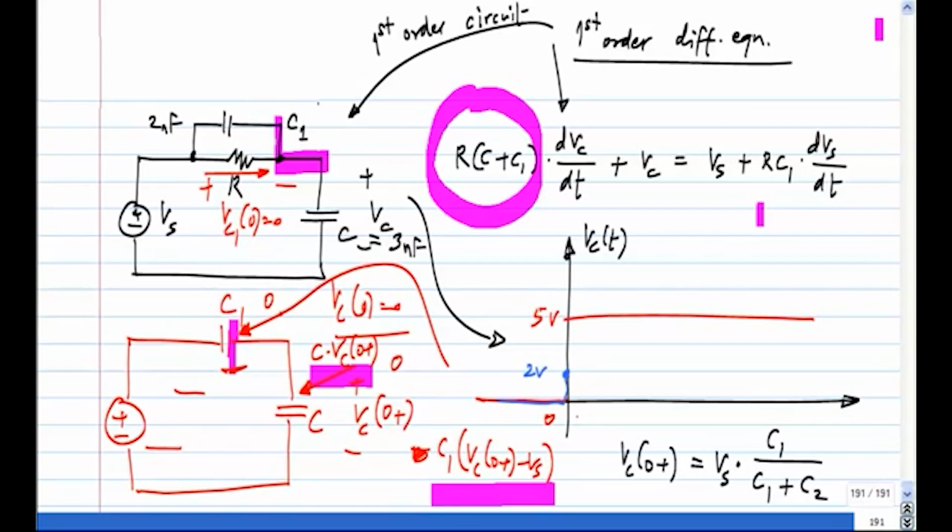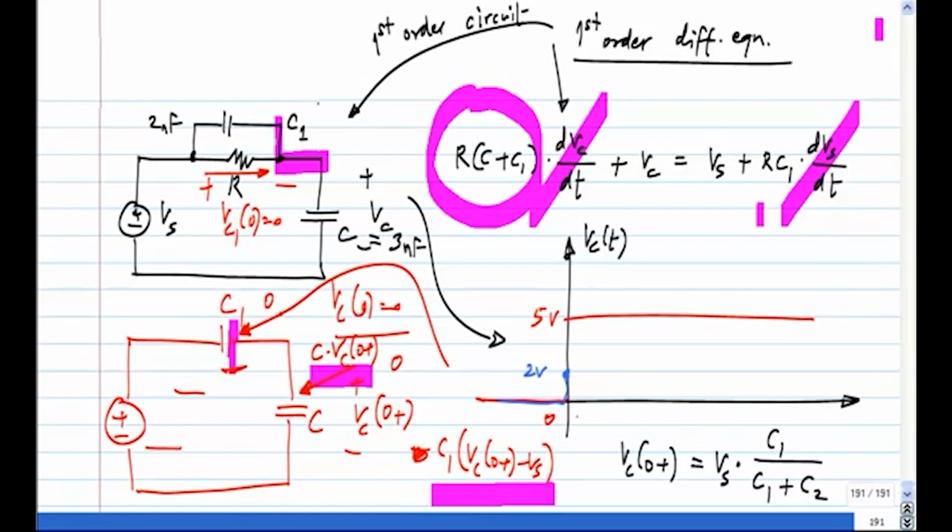What is the final value on C when steady state is reached, when no currents are flowing through the capacitors anymore? 5 volts. You can imagine that no current flowing means you can open circuit the capacitors, so all of Vs appears here. Another way to think about it is from the equation: all the derivative terms will go off and Vc will be equal to Vs.